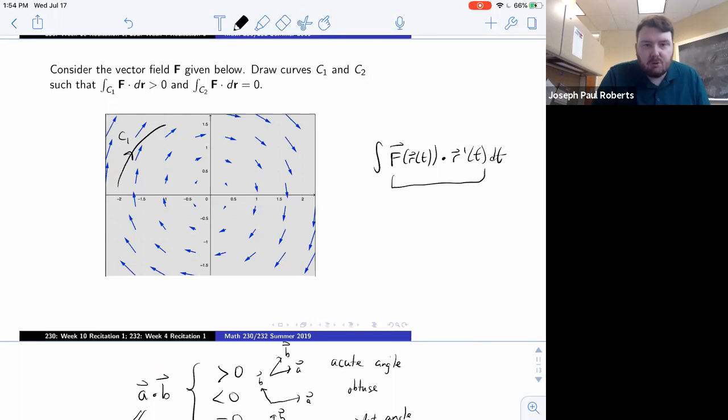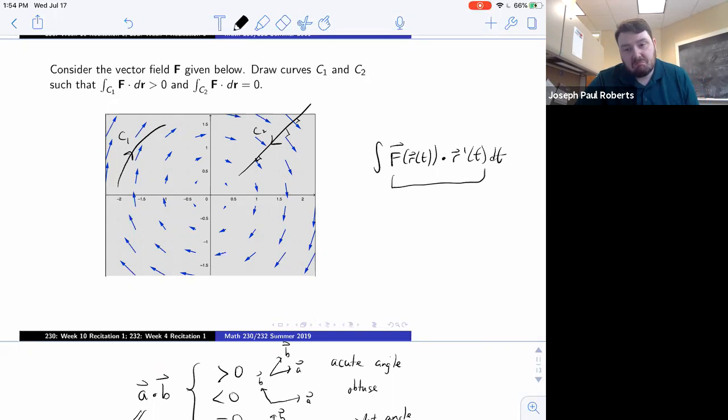Whereas for C2, you could try to have it go with the current for part of it and against the current for part of it, but you could also just try to make it go perpendicular the whole time. So maybe C2 is perpendicular to the vector field at each point.